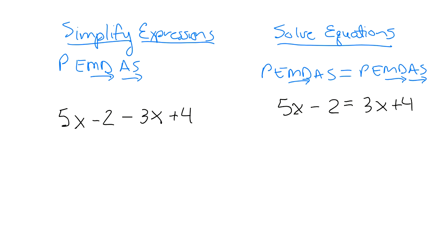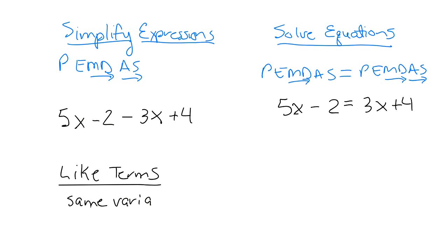Another thing to consider before we get started in solving equations is just being able to identify the difference between like terms and unlike terms. So like terms have the same variables raised to the same power or degree.